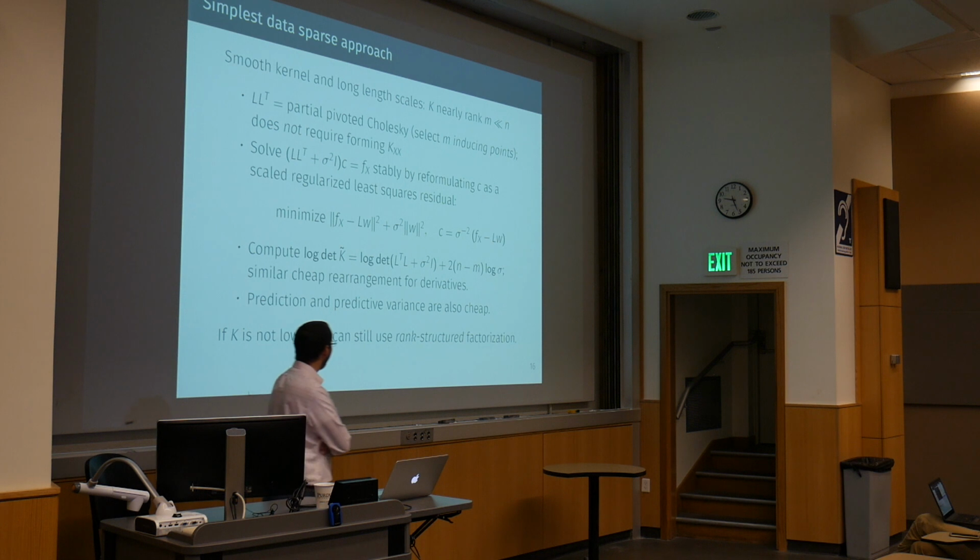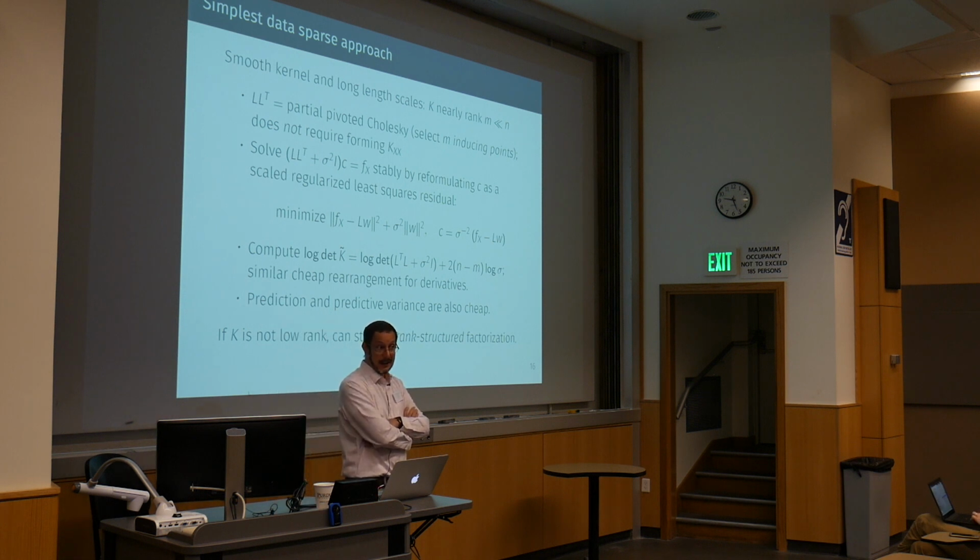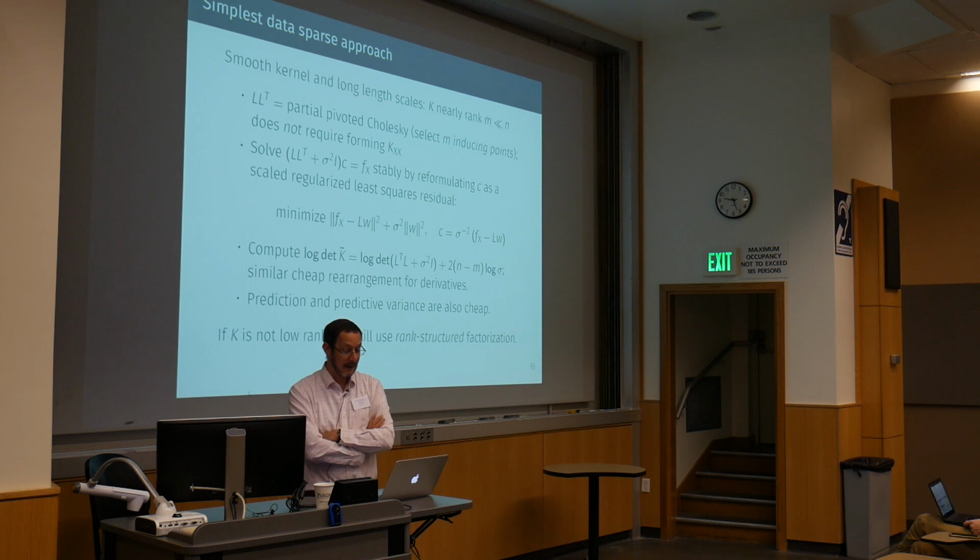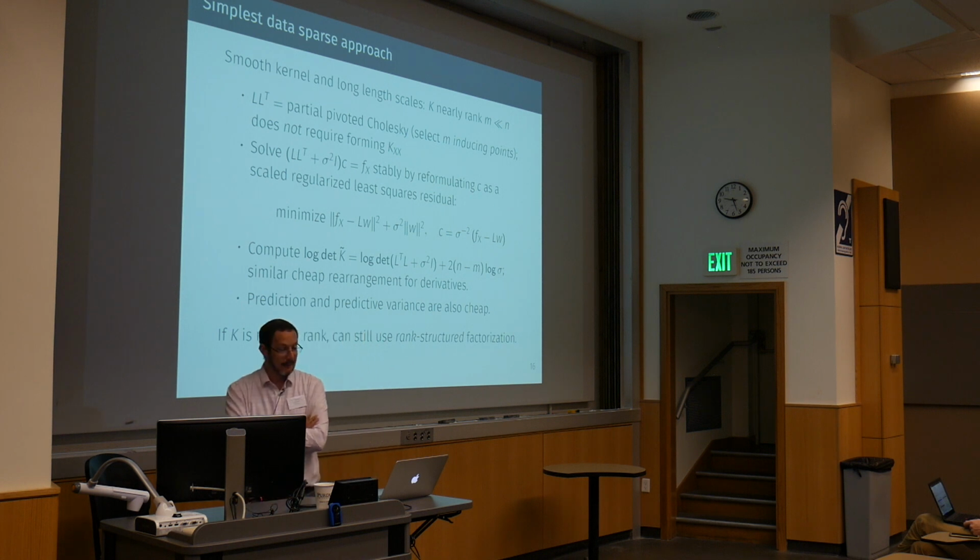If you've got a squared exponential kernel, it turns out that the eigenvalue decay is fast enough that you can prove that pivoted Cholesky does a pretty good job of being a rank revealing decomposition for this. The nice thing about pivoted Cholesky, and I'm happy to talk about the details later, is you don't actually have to compute the matrix to run pivoted Cholesky on it.